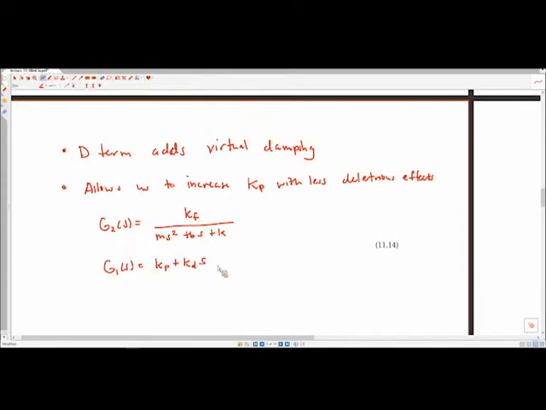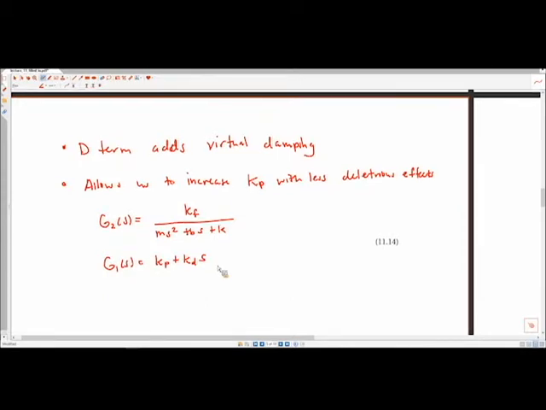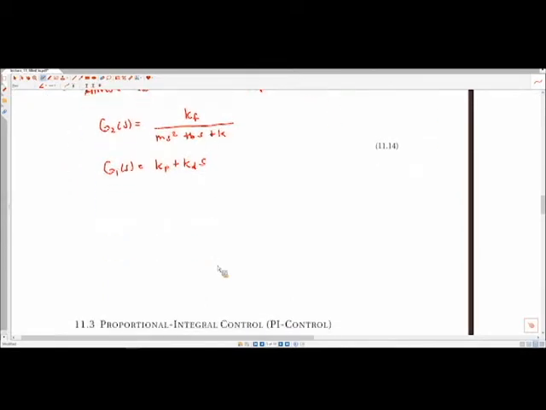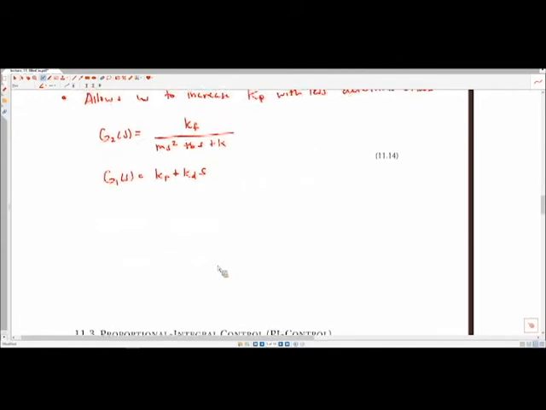And so now if we want to understand what is C over R, our closed loop, it is G1 G2 over 1 plus G1 G2. So just inserting these transfer functions in the right spot.